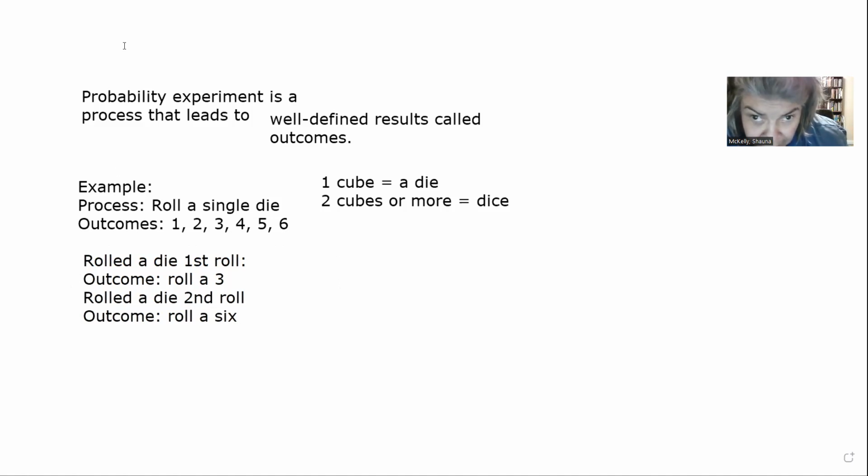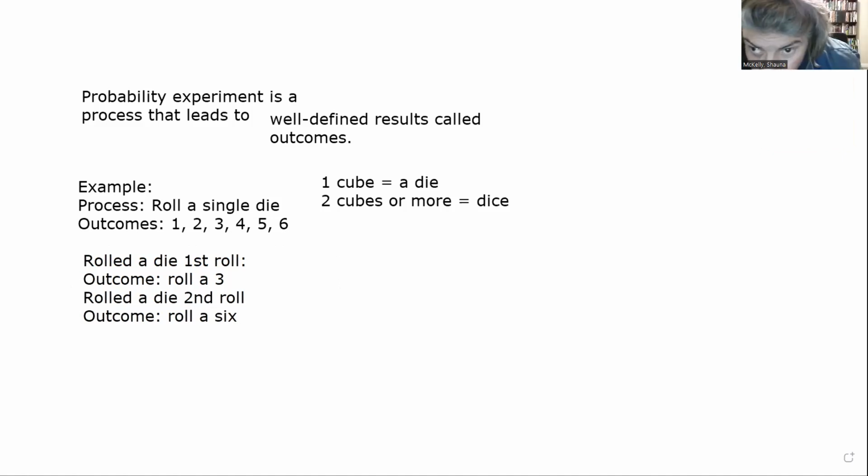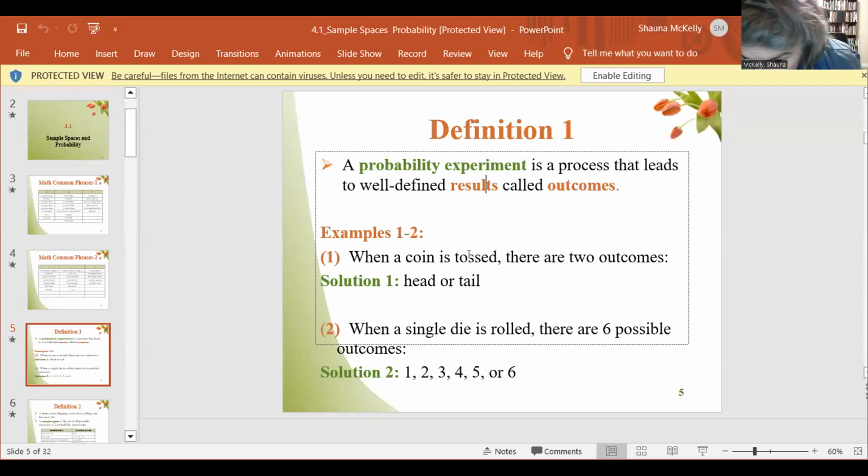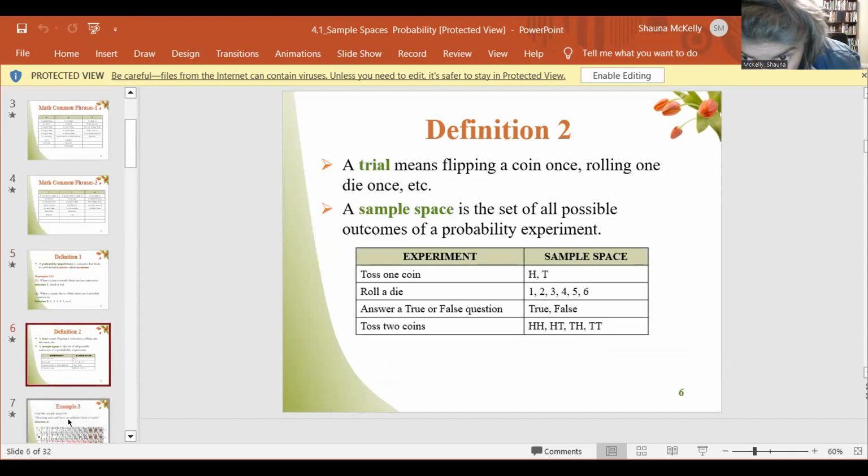Now, the next thing we need to be aware of. We talked about an experiment. Let me continue on the slides.